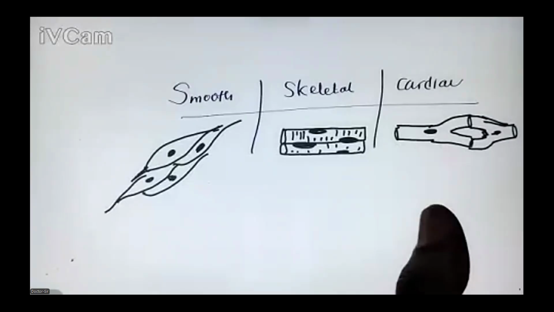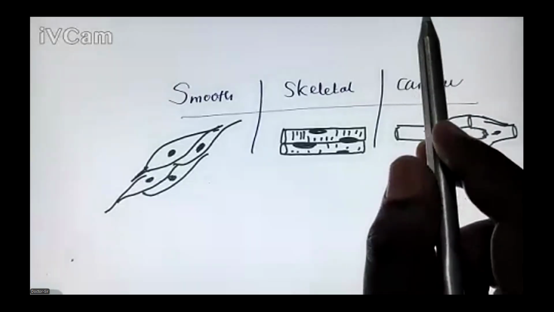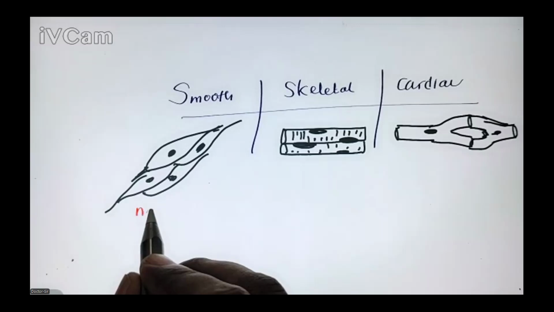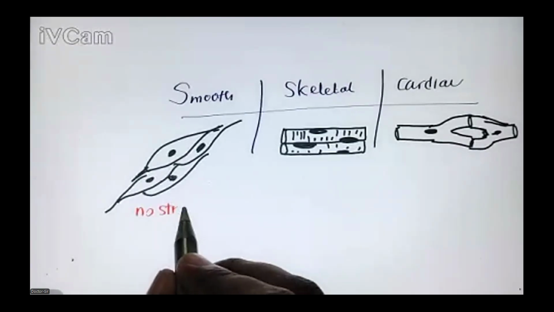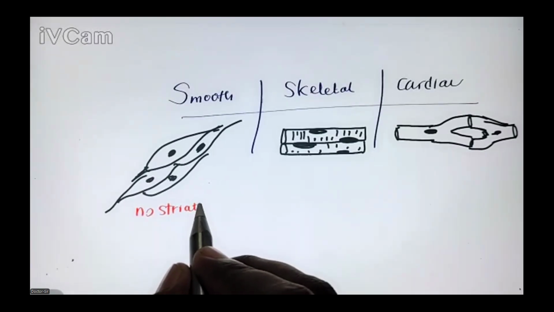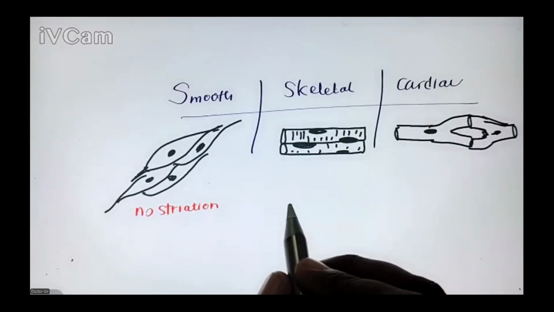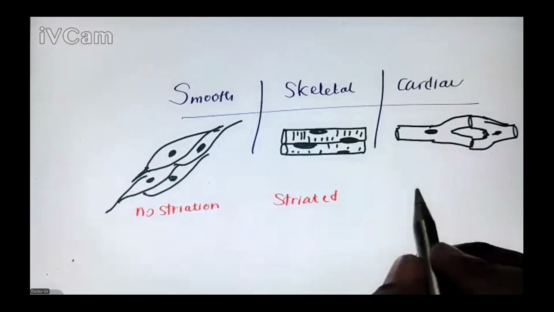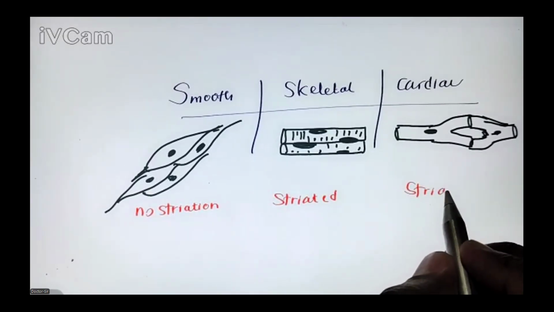Now tell me, what about the smooth muscle tissue? No striation. Here, striated, it is also striated.